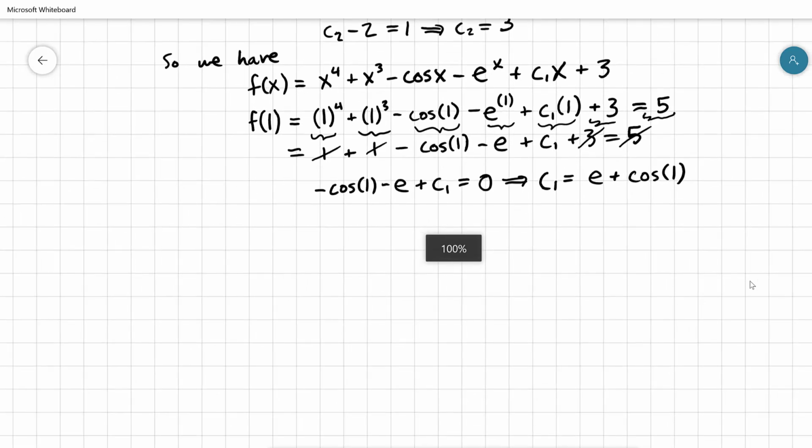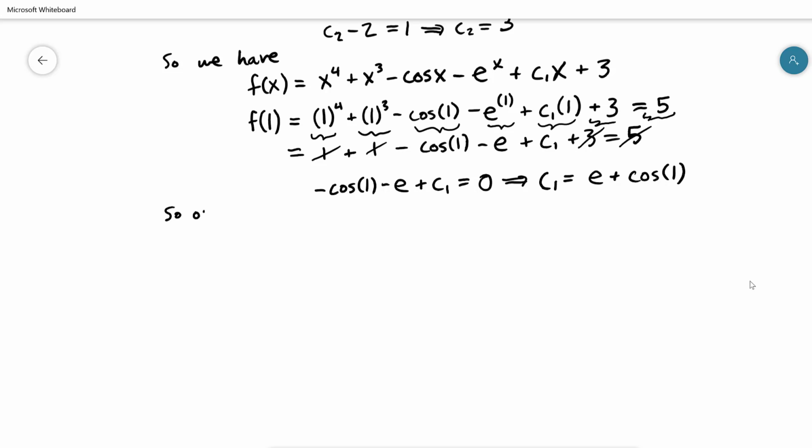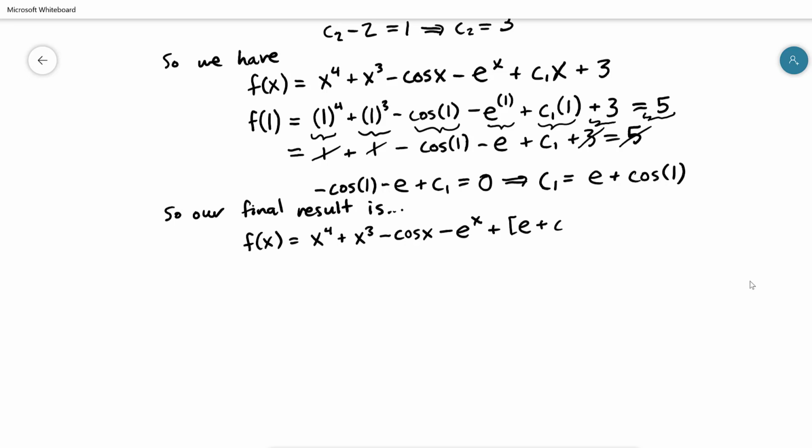And what we finally get, our final result, is the following. We find that our f of x is equal to x to the 4th plus x cubed minus cosine of x minus e to the x plus c1 times x, where c1 is e plus the cosine of 1.